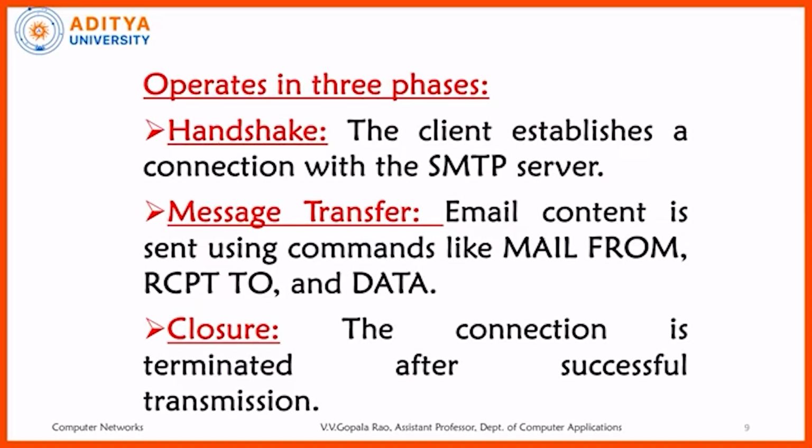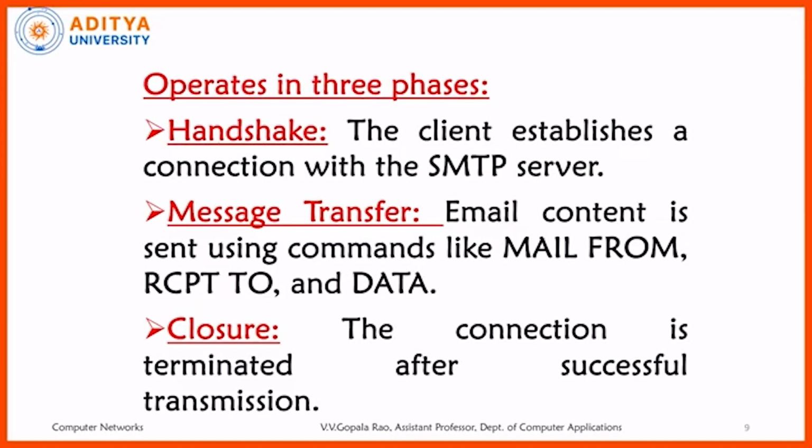Also there is DATA, which means the actual message. The actual message is placed here, so the message will finally be transferred to the recipient by following the SMTP protocol.